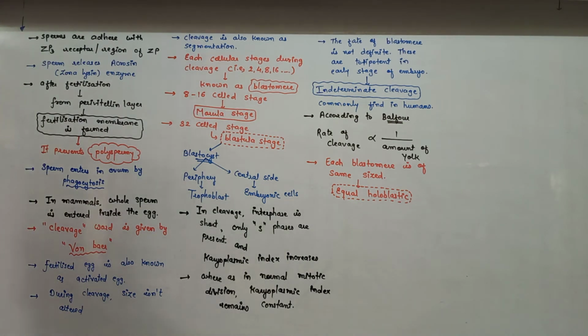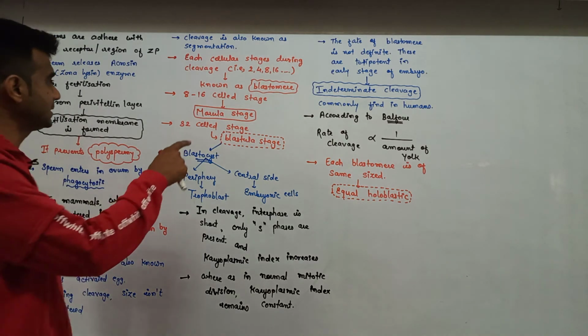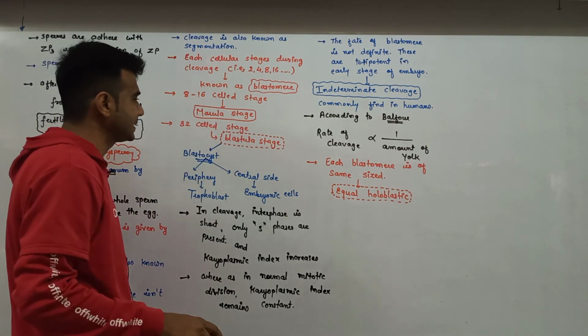The size of each blastomere is the same in all stages. That is known as equal holoblastic cleavage. In the morula stage, you know that the 8 to 16 cellular stage is known as the morula stage.